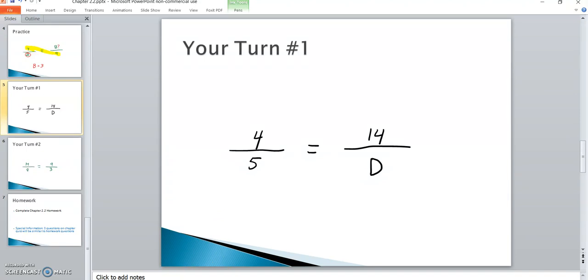So go ahead and pause your video and do that now. Okay, so the two numbers that are across from each other in this one are 5 and 14.